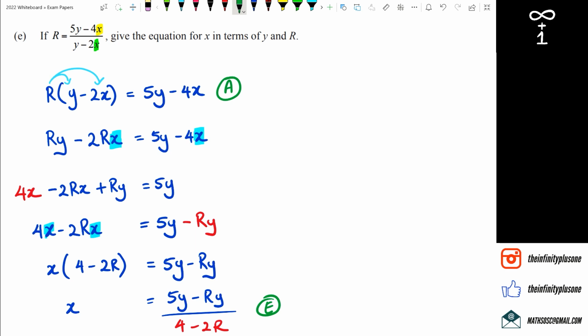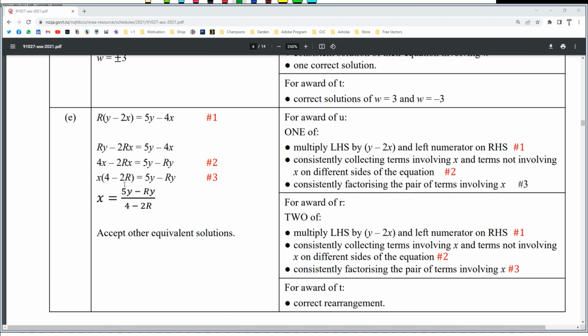So let me just show you guys the schedule, and it looks like there are steps. If you do the first step, you can get an achieved. And where is the answer schedule? There you go. So doing that first step is going to get you number 1, which could get you an achieved. But for a merit, you need 2 steps. So either you're doing number 1, number 2, or number 3, one of those things, to get a merit.